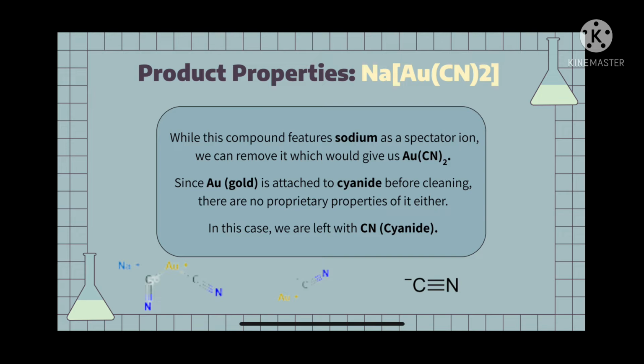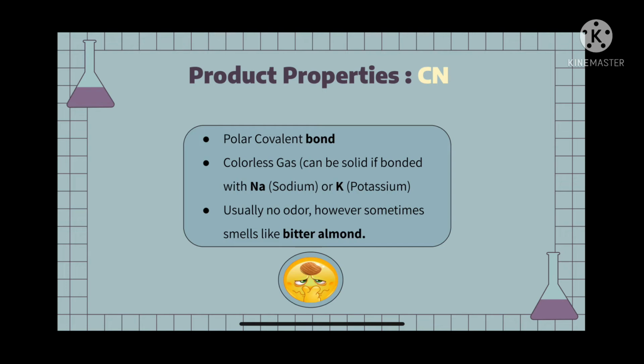Again, since gold cyanide is basically gold attached to some cyanide without any special properties, it will also separate into pure gold and cyanide, which is what happens later on. With that being said, we are left with CN, or cyanide, alone to work with, as shown in the structures below. To cyanide properties we go.